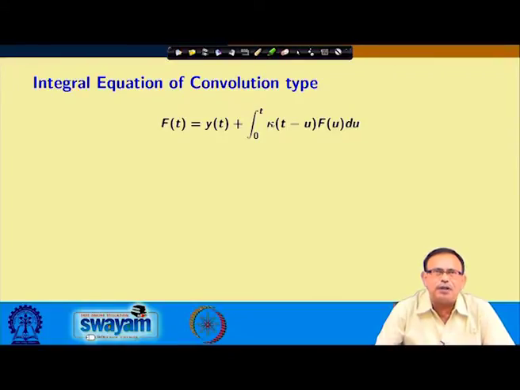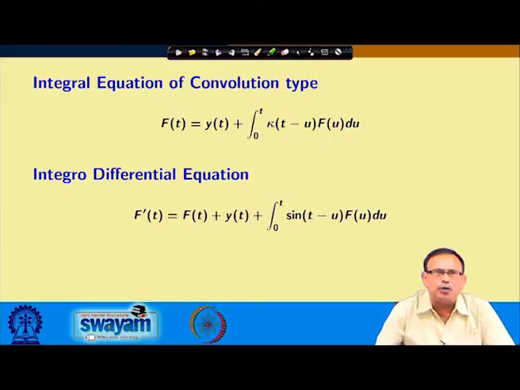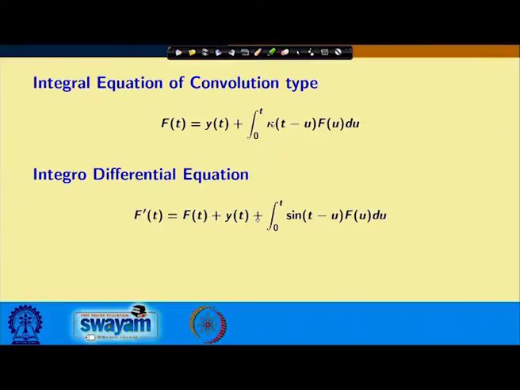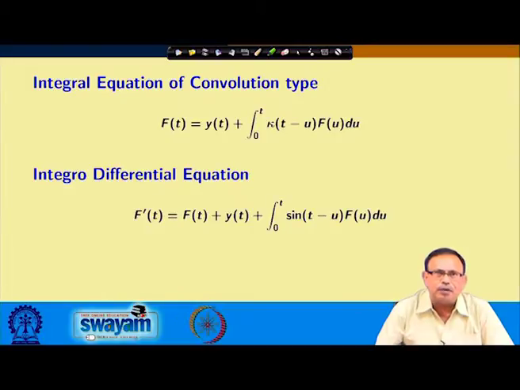There is another type which we call the integro-differential equation. It involves not only the function which we have to determine but also the derivative of the function, and takes the form f'(t) equals f(t) plus y(t) plus integral from 0 to t of sin(t minus u) f(u) du.